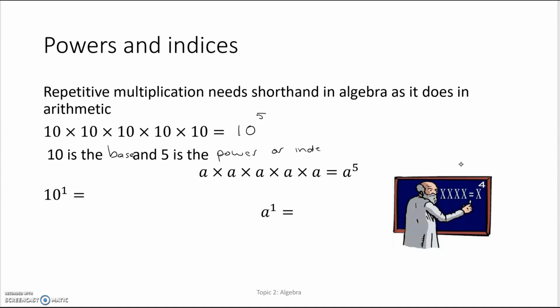or index number. Now, we probably know all that, but we can do the same now with letters. Things to remember: 10 to the power of 1 is 10, so a to the power of 1 is a. Just remember that.